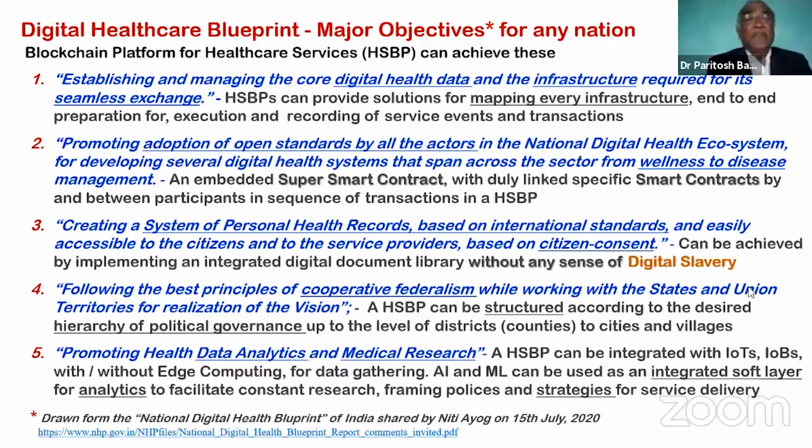The first objective is establishing and managing the core digital health data and the infrastructure required for a seamless exchange.